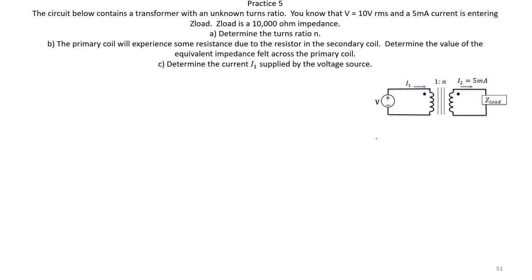So you'll remember a good question to ask yourself first is, what do we know? In this case, we know quite a few things. Let's label our transformer in the same way as our toolbox equations.